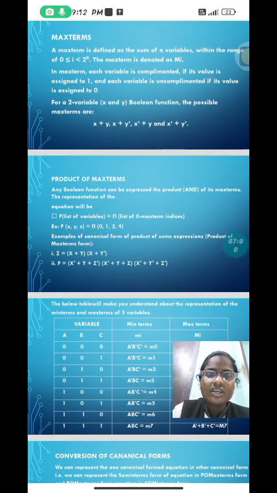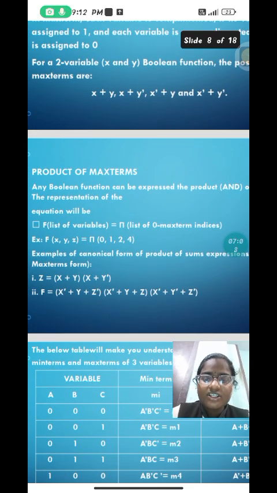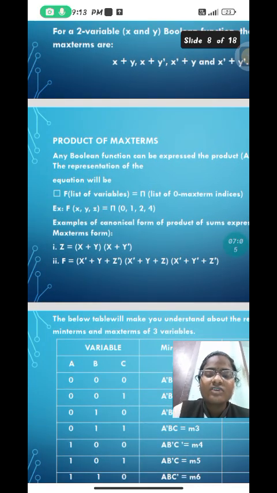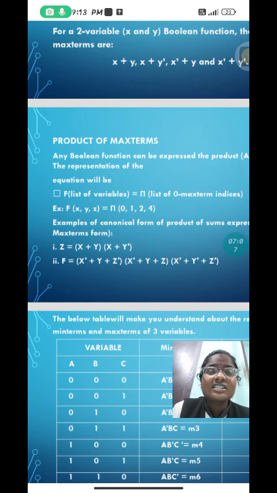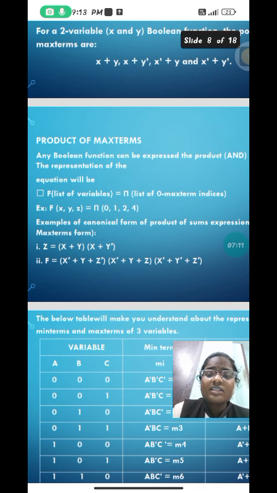This is represented by the notation f of the list of variables, where we can take any number of variables. The product of maxterms is represented by pi, just as the sum of minterms is represented by the summation.